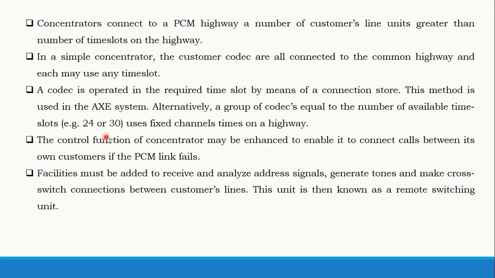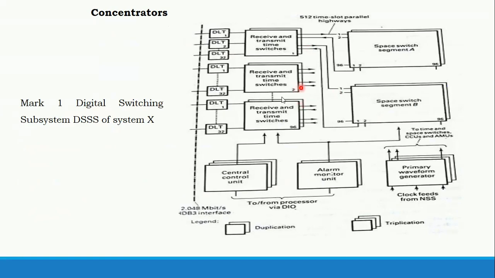So like that you'll be having either 24 channel connection or 30 channel, depending on the primary multiplex group. Usually you'll be having only one common highway for everything. Depending on the link connection, the subscribers will be connected. Either you need to go through these points, or observing the diagram you can write it in your own words.